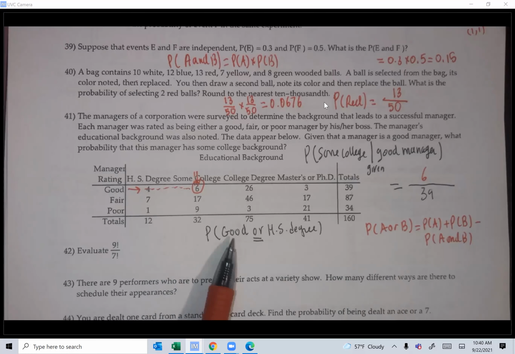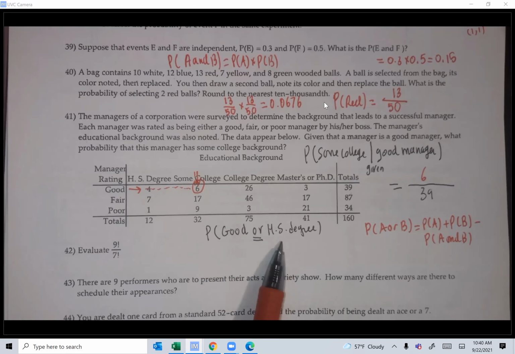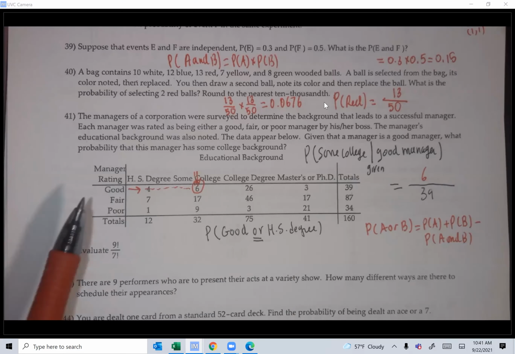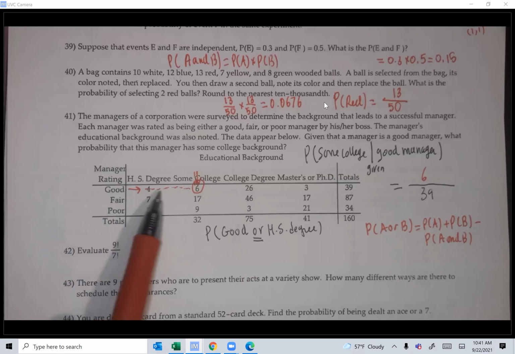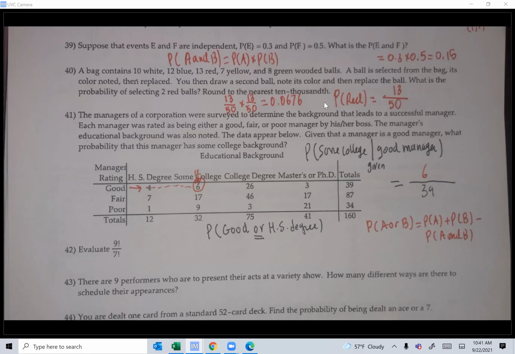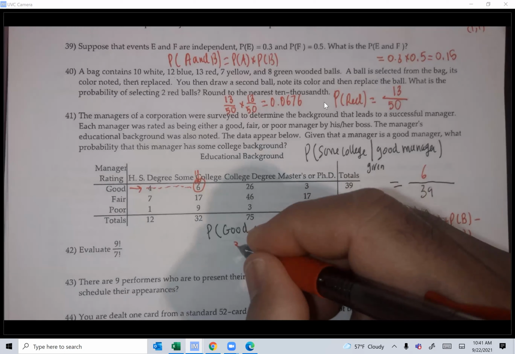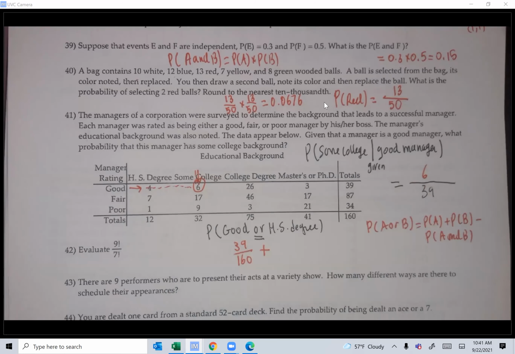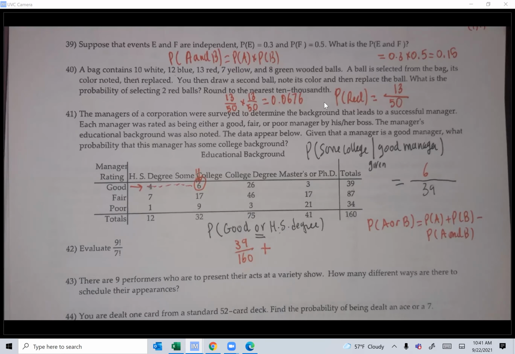So good is A here, and high school degree is B. So we need the probability of a good manager. Okay, what is the probability of a good manager? No conditions here, guys, no conditional probability. So good manager will be 39 divided by 160 plus. Now we need the probability of a high school degree.